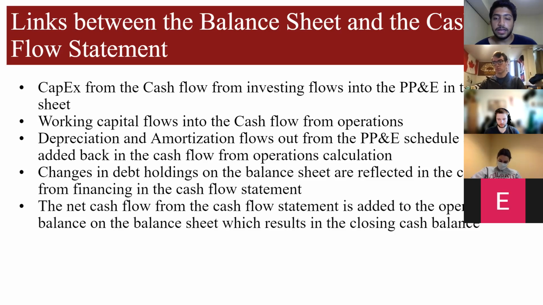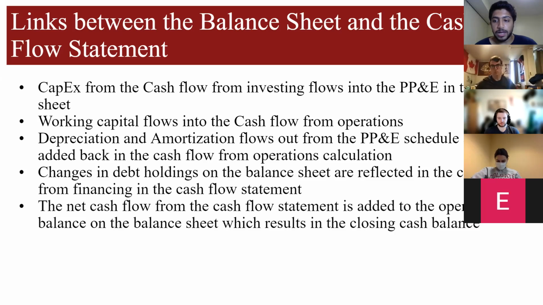Remember how in the cash flow from operations, we have the net income and then we add back any non-cash expenses. As I talked about last week, accounts receivable and accounts payable are non-cash items because they're accounts generated from the accrual accounting principle.